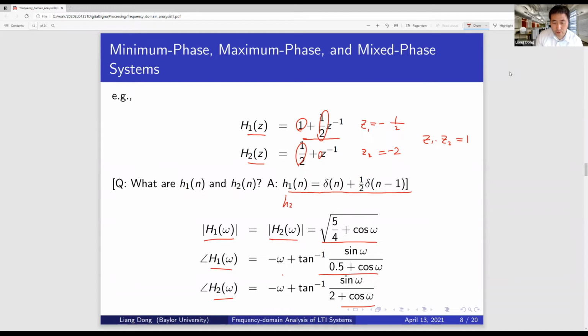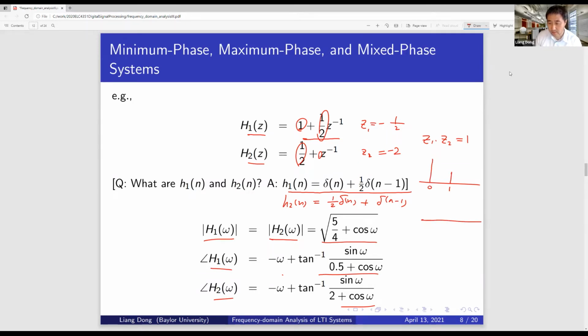Little h2, we're doing the inverse Z transform from here. That is 1/2 delta n plus 1 times delta n minus 1. So if you look at the first filter, we have a delta at 0, and we have a half times delta n minus 1 at time 1.